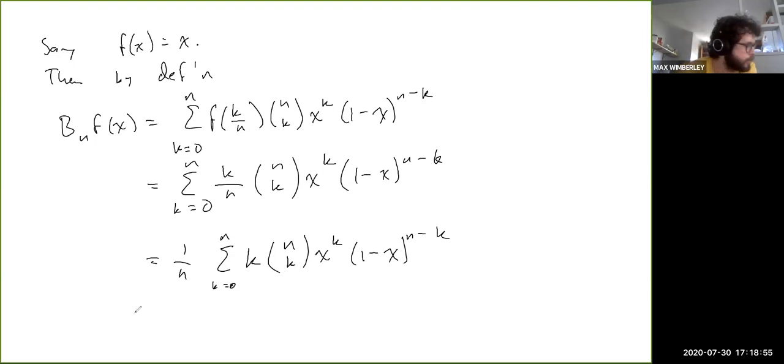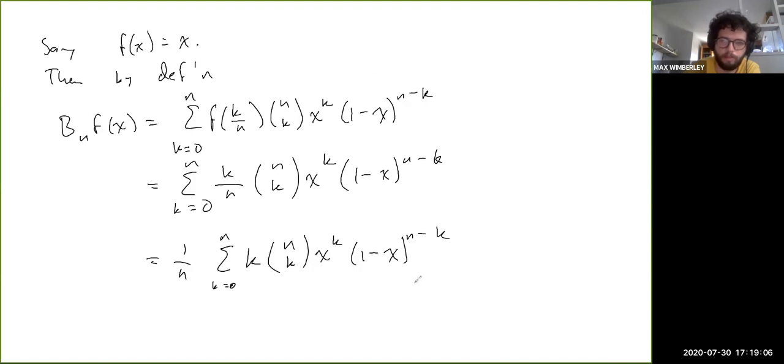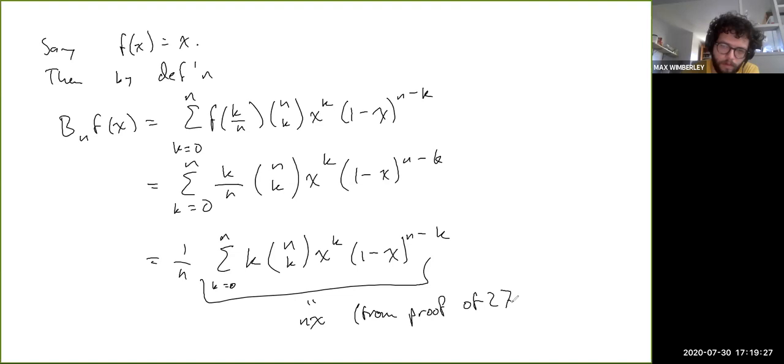And then basically, what I was saying in the hint was, if you look at the proof of lemma 27.2, they have some formulas for sums of this type. This one they just compute directly. So this is nx from the proof of 27.2.